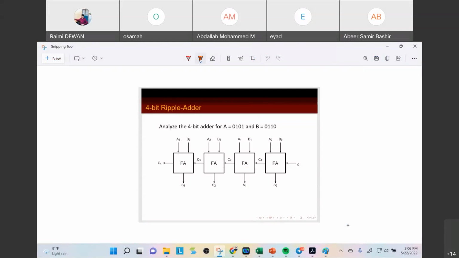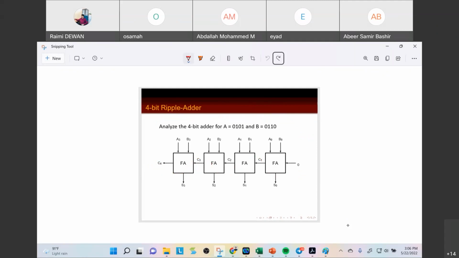We have the input here, then it continues to here, so like a ripple. It moves from here to here to here and to here, so it's like a ripple. I also explained this in detail in the 2021 lecture. So this is a ripple adder.